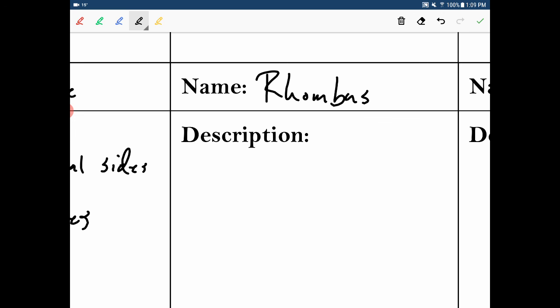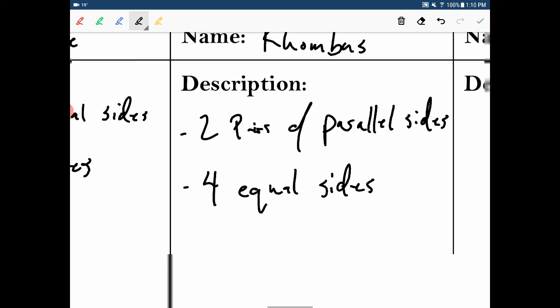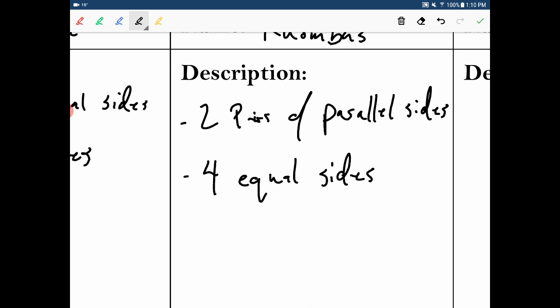To be a rhombus, you have to have two pairs of parallel sides. All four sides have to be the same, so four equal sides, and two pairs of equal angles.